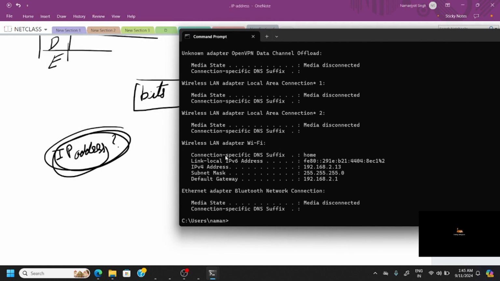Let's suppose this PC which I am using has the IP address 192.168.2.13.